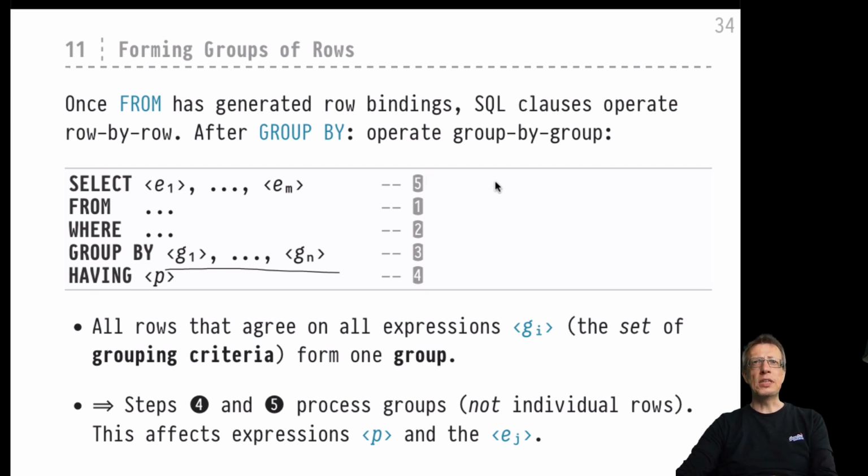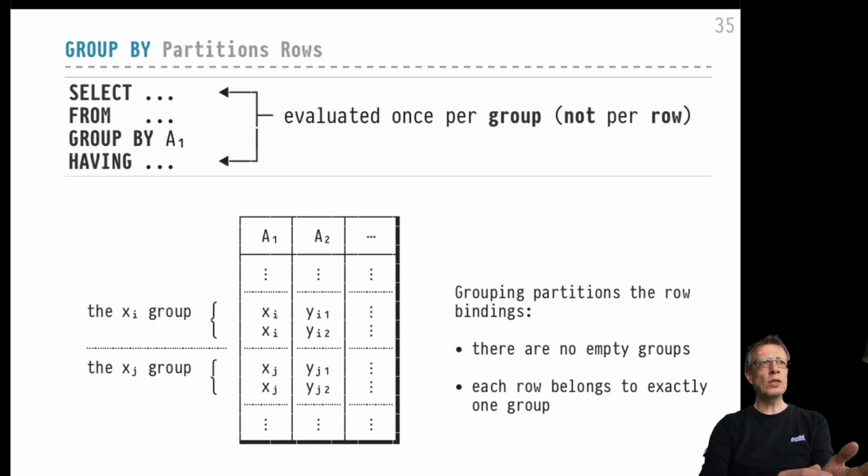Okay, so let's see what happens there in detail. This is a sample query here, and I've chosen a particularly simple grouping criterion, just a single one, namely the value in column A1. All rows that agree on their A1 value will form one group. So this is a peek inside the table that we are currently processing. You see the A1 column here.